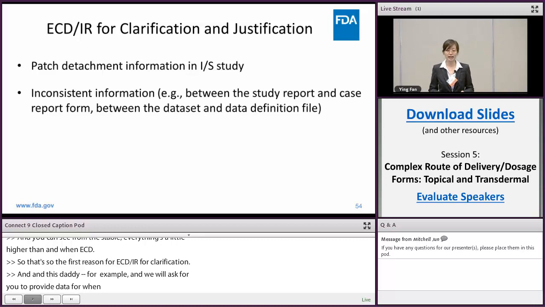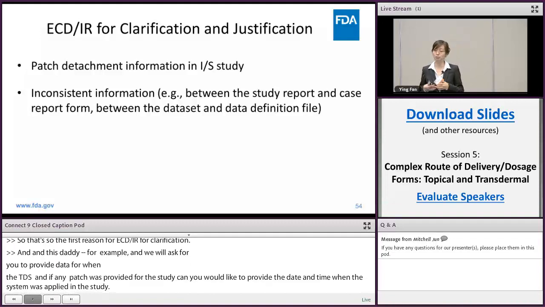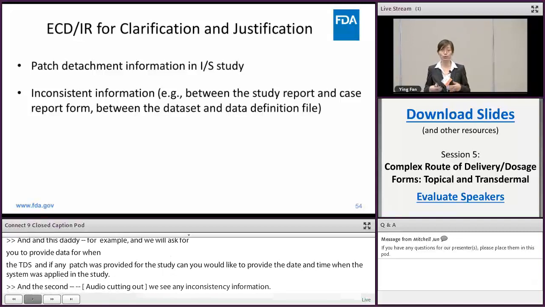Second, if we see any inconsistent information, for example between your study report and the case report form, or between the data sets and the data definition file, we would like you to explain why it happened and which data we should rely on during the review.